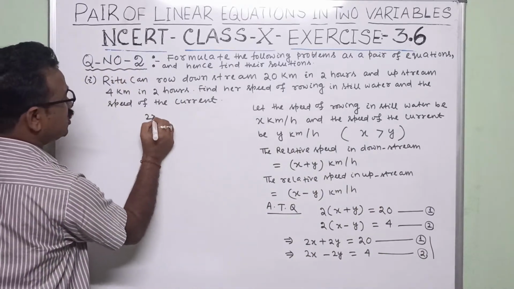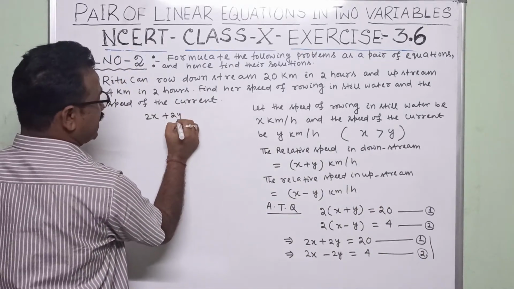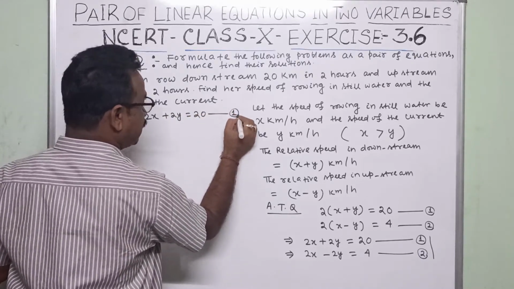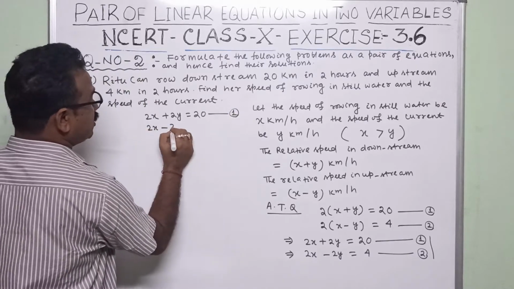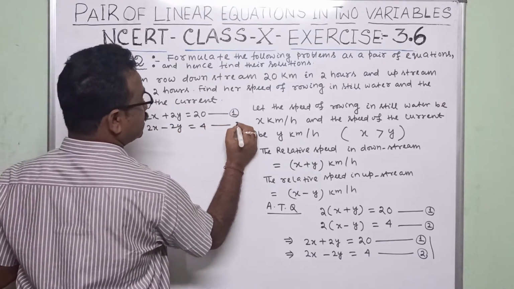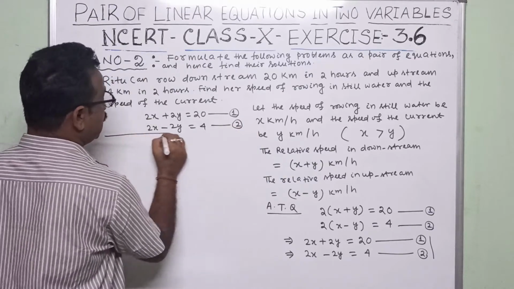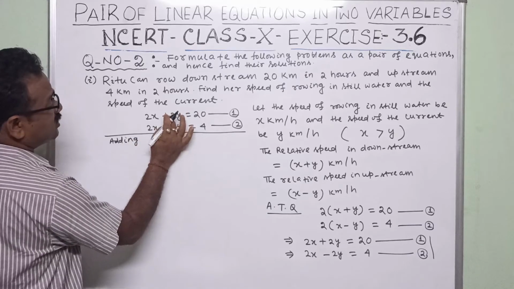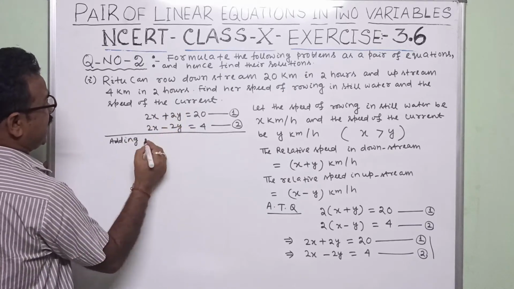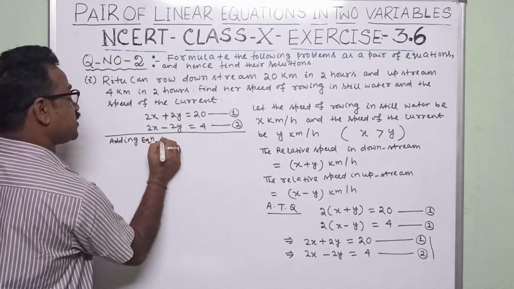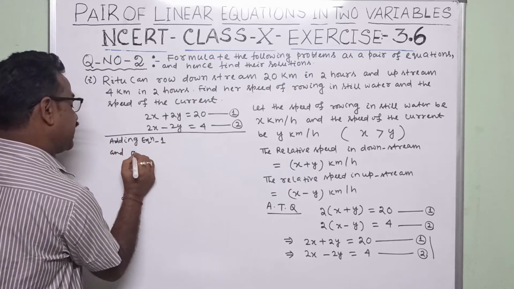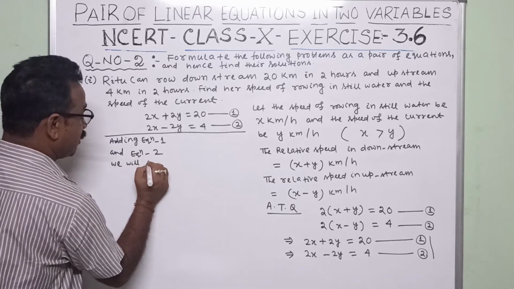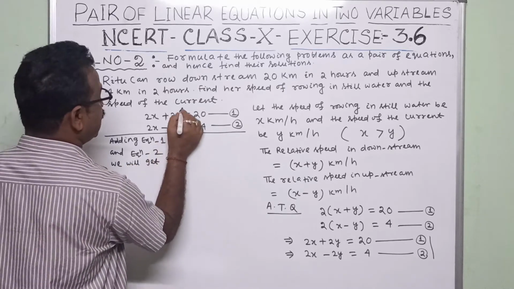Now 2x plus 2y is equal to 20, equation 1. 2x minus 2y is equal to 4, equation 2. So here we will be adding equation 1 and 2, because plus and minus are opposite signs.